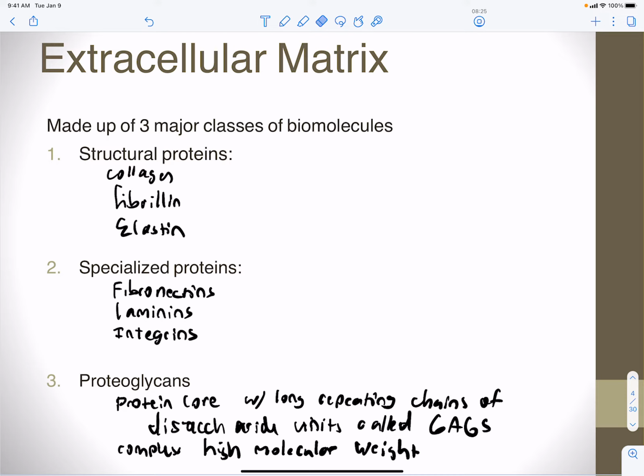Your connective tissues are basically extracellular matrix and your fibroblasts and other substances, ground substance.